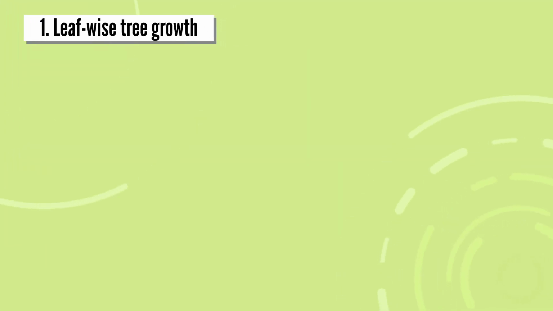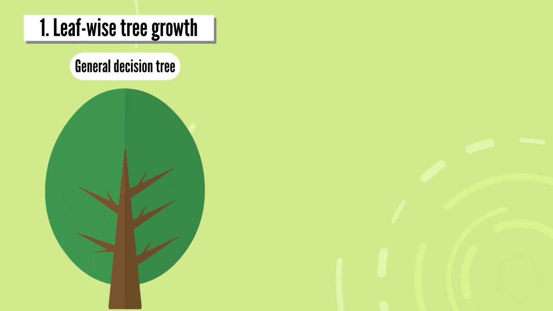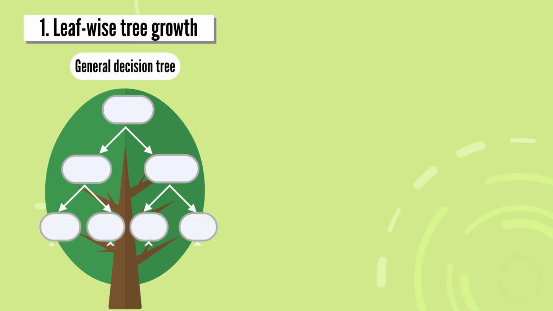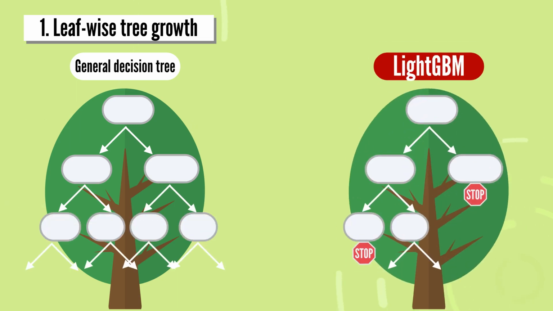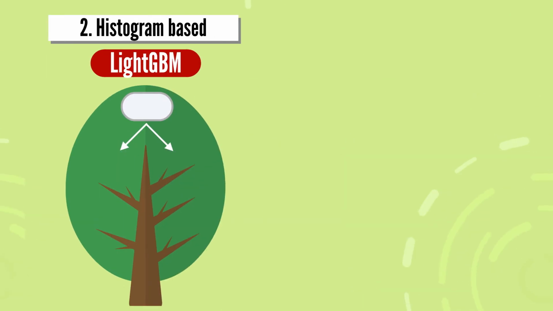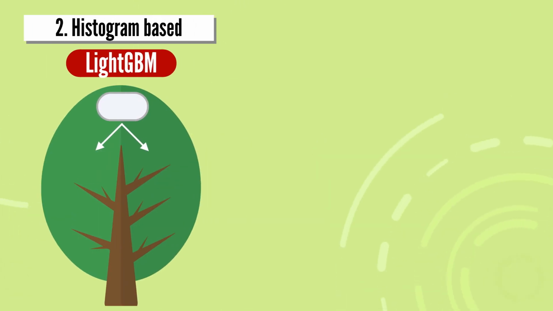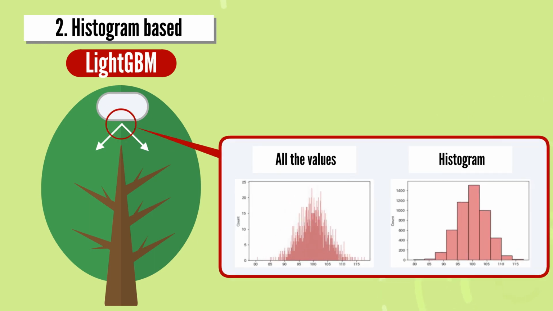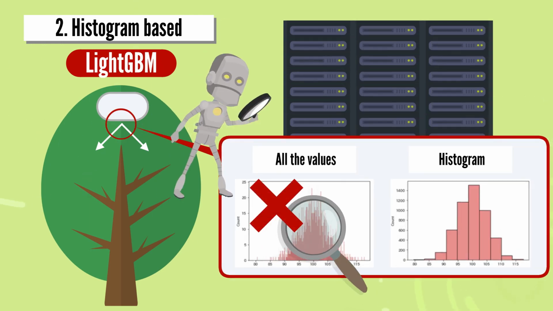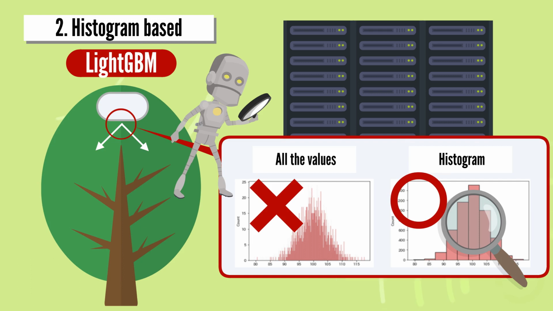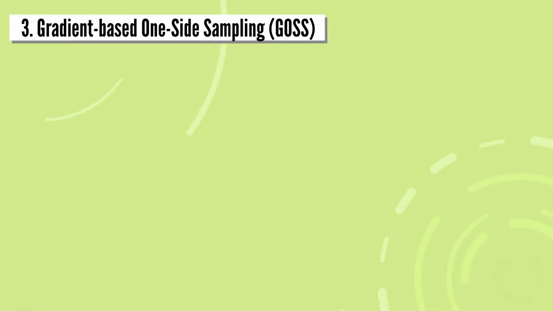1. Leafwise tree growth. In the case of a general decision tree, the next level is calculated after all branches in one level have been completed, but no further calculations are made for elements that no longer require branches. 2. Histogram-based. When branching a decision tree, instead of looking at all the values, a histogram is created, and the values are grouped together for branching. 3.